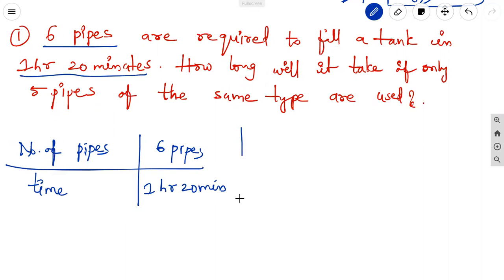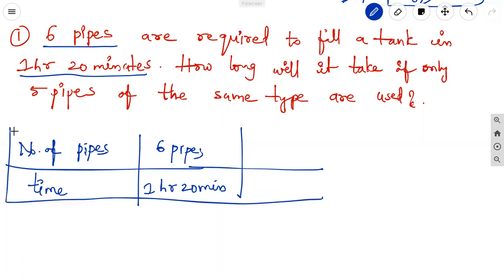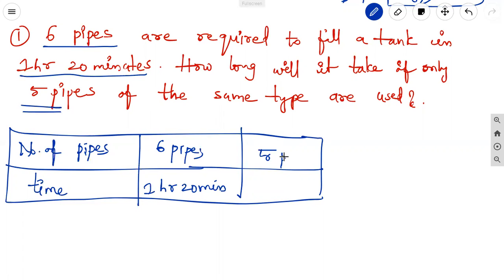If the pipes are more, the time taken is less. How long will it take if there are 5 pipes? If we reduce by 1 pipe, how much time? It is inversely proportional, so the time taken is more.